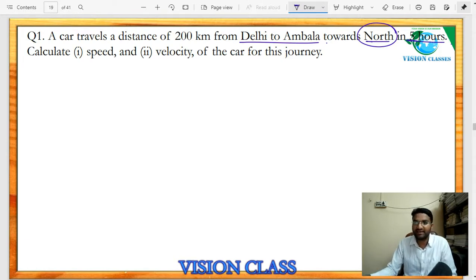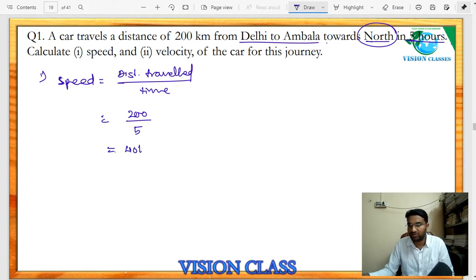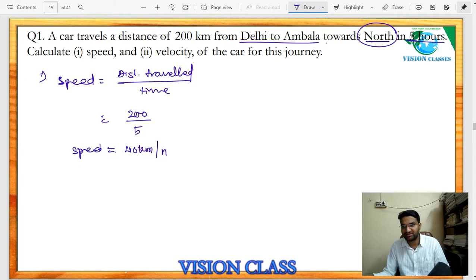Firstly, speed is equal to distance traveled over time. Distance traveled is 200 kilometers, and the car took 5 hours, so the speed is 40 kilometers per hour.